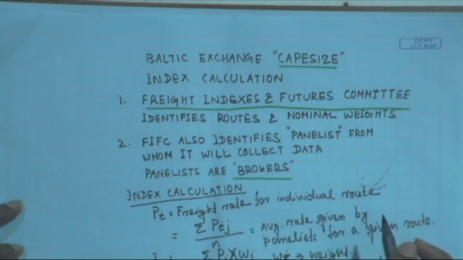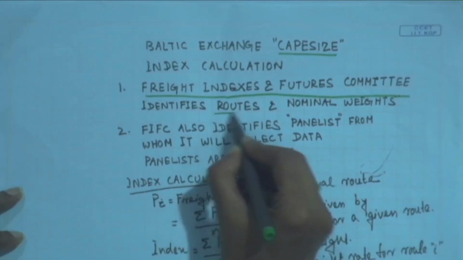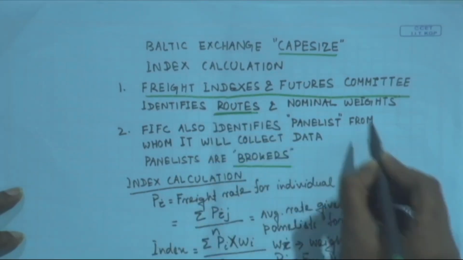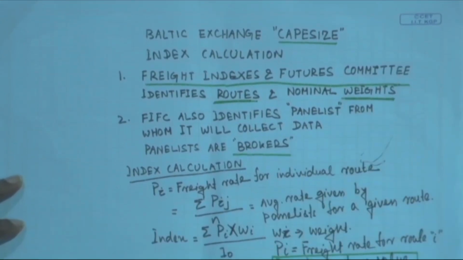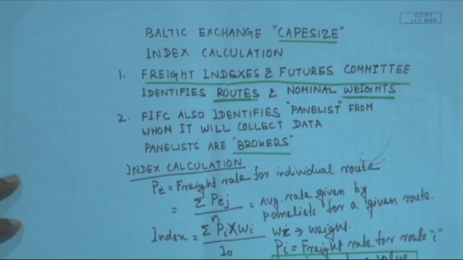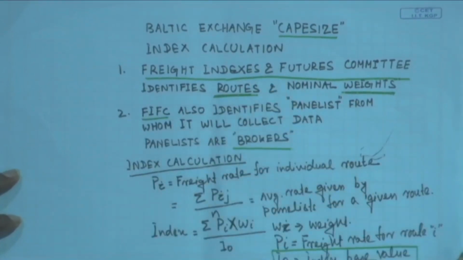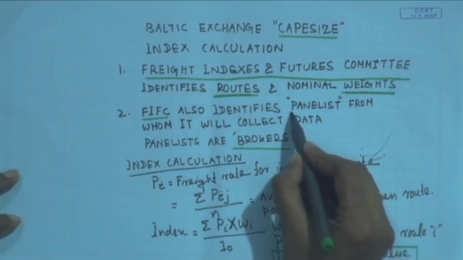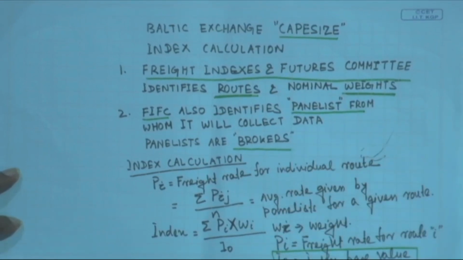Every exchange has a committee whose responsibility is to identify which routes will be part of the index and what weights are associated with these routes. This FIFC, the Freight Index Futures Committee, also identifies the panelists from whom it will collect data, which I have already shown.